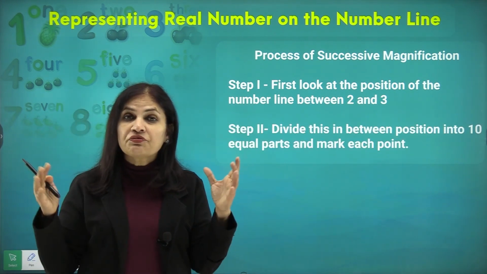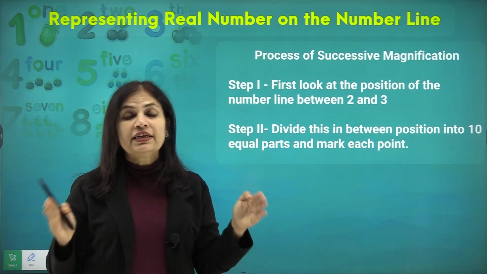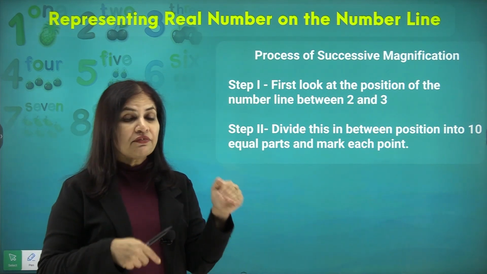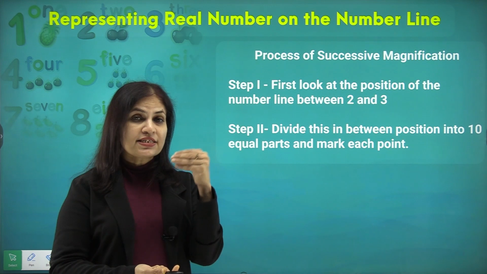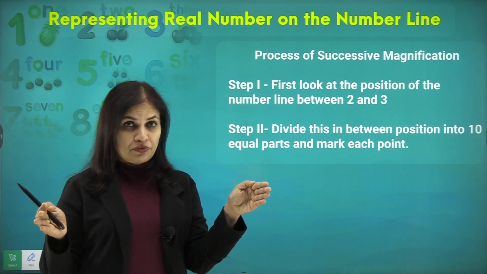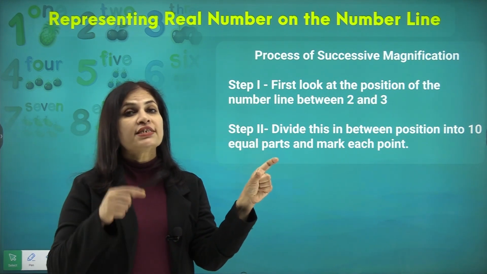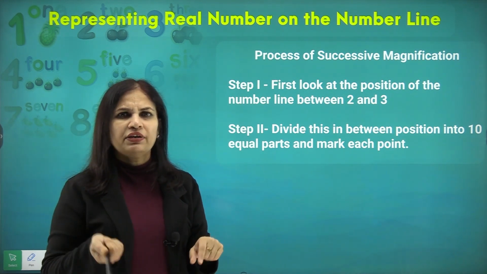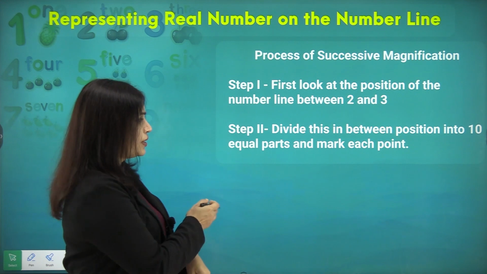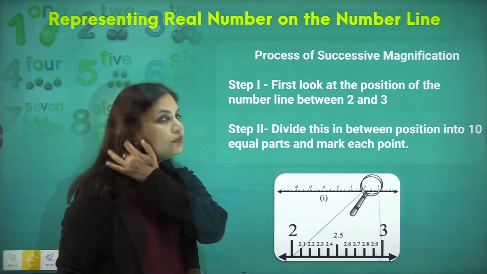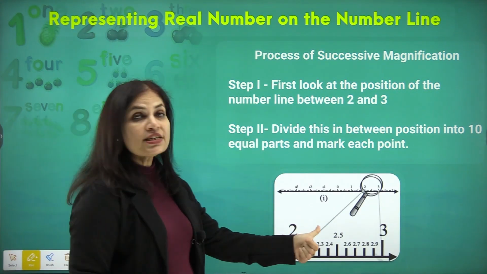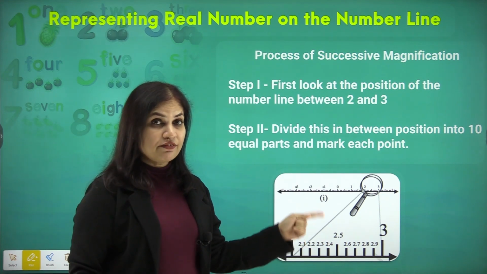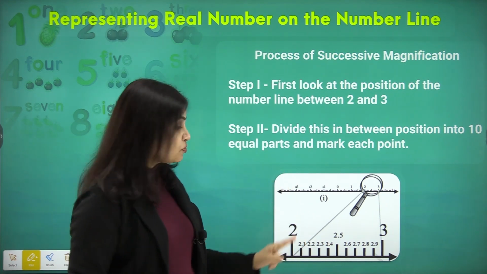Next step, I have to divide the number line into 10 equal parts. If I divide it into 10 equal parts, I can see between 2 and 3, there are points 2.6 and 2.7. So, obviously, 2.665 will lie between 2.6 and 2.7. This is my first number line. 2.665 lies between 2.6 and 2.7.